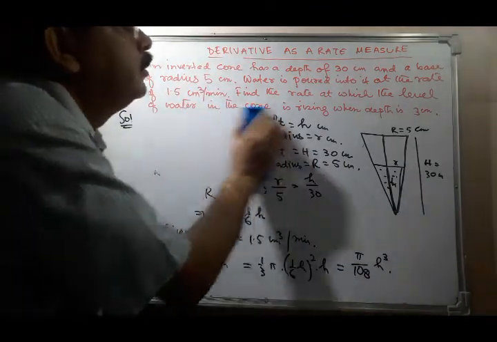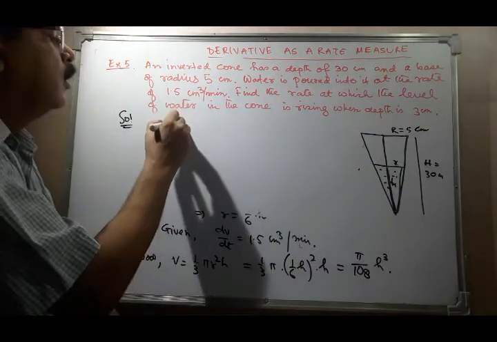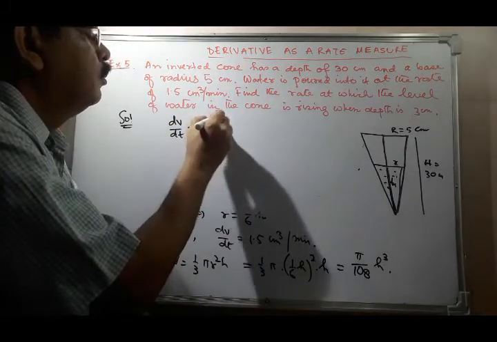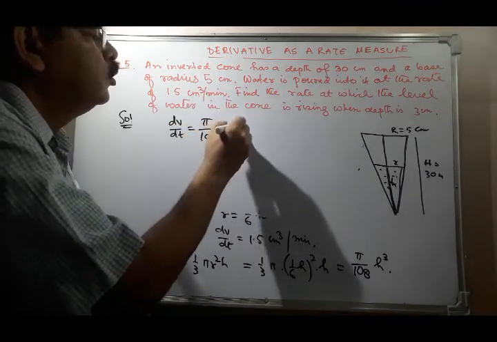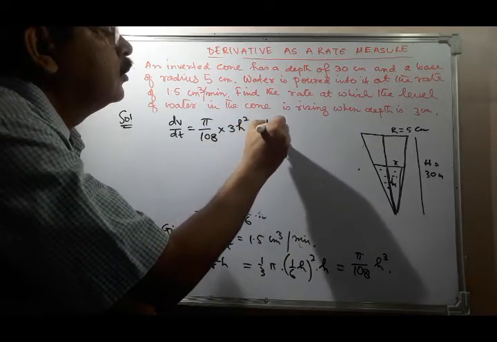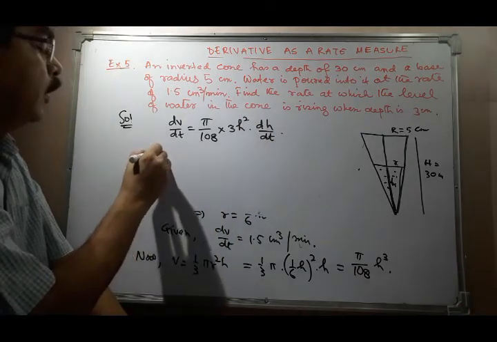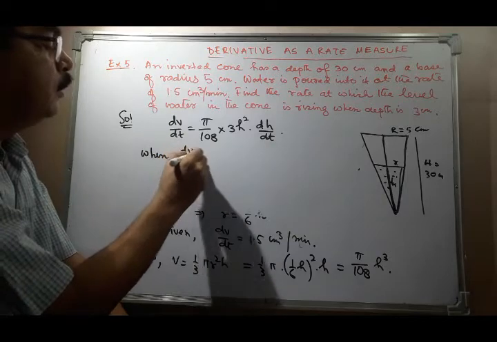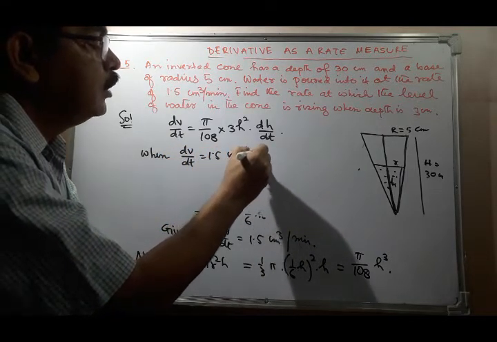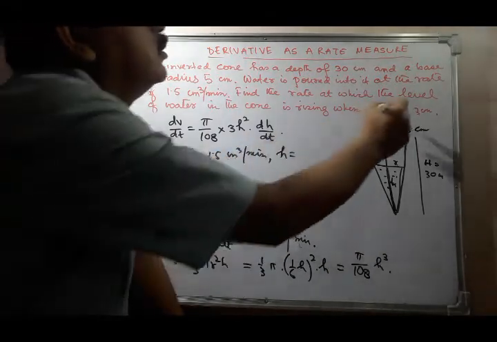Continuing here, dV by dt equal to pi by 108 into 3 h square dh by dt, when dV by dt equal to 1.5 centimeter cube per minute, then h is given 3 centimeter.